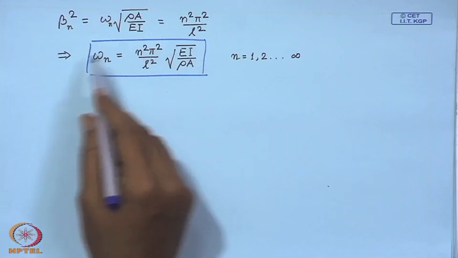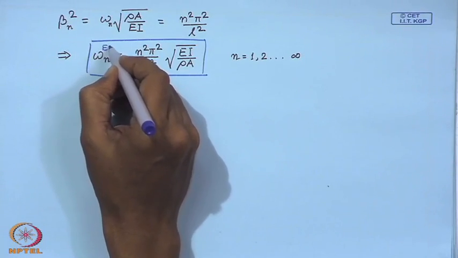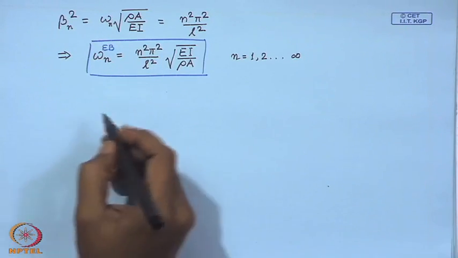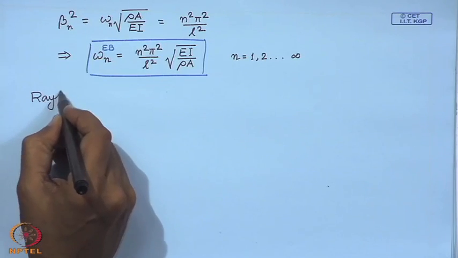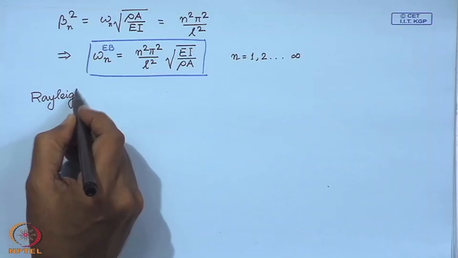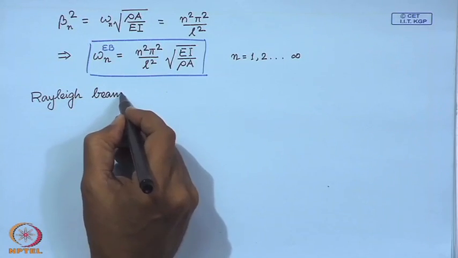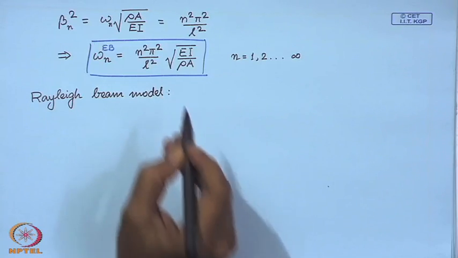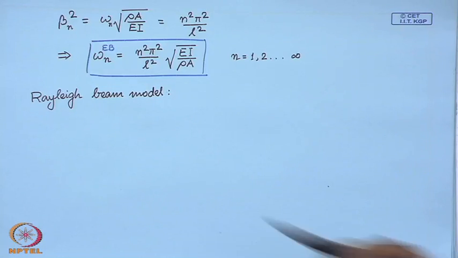Now, this is for the Euler-Bernoulli. Now, if you look at the differential equation of the Rayleigh beam model, then the differential equation of the Rayleigh beam model reads as follows.